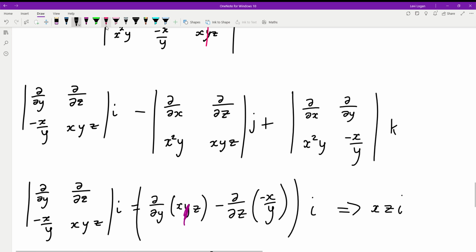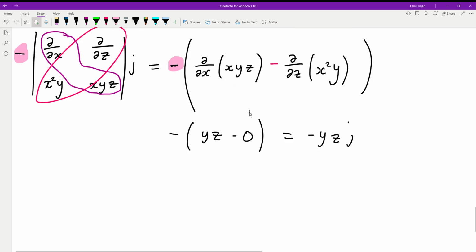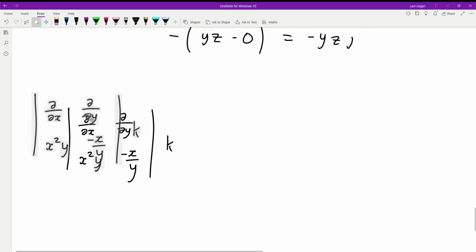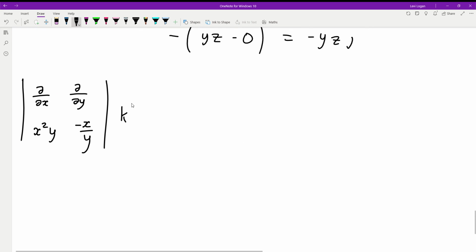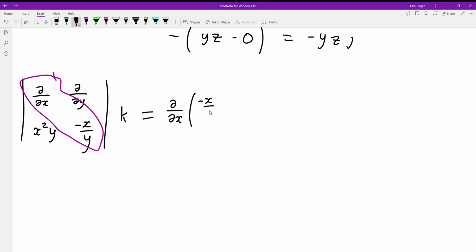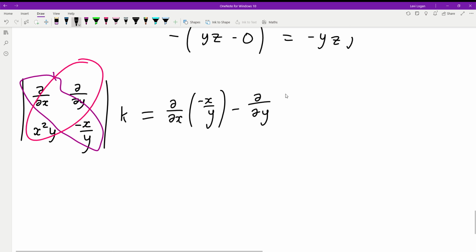And then we work out the final one here. So we'll copy this. So this one here, it's going to be this times this, so del of x, negative x, y, subtract this times this, so del y of x squared on y.